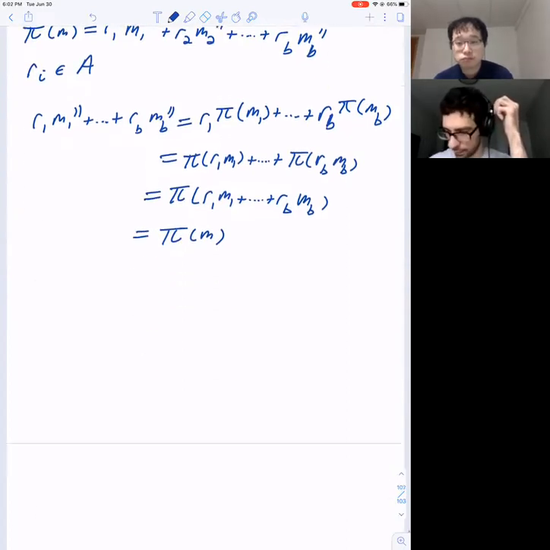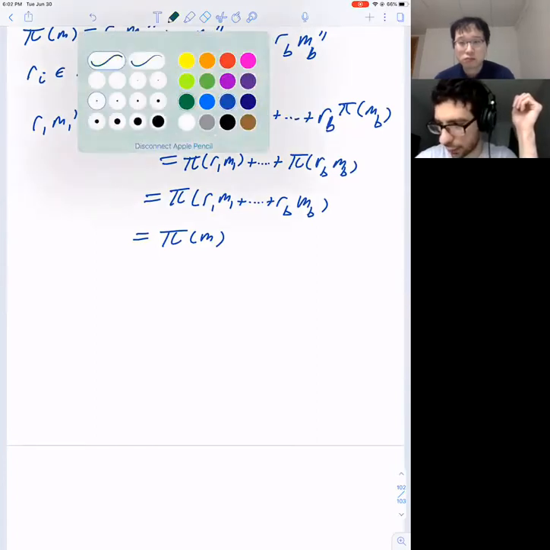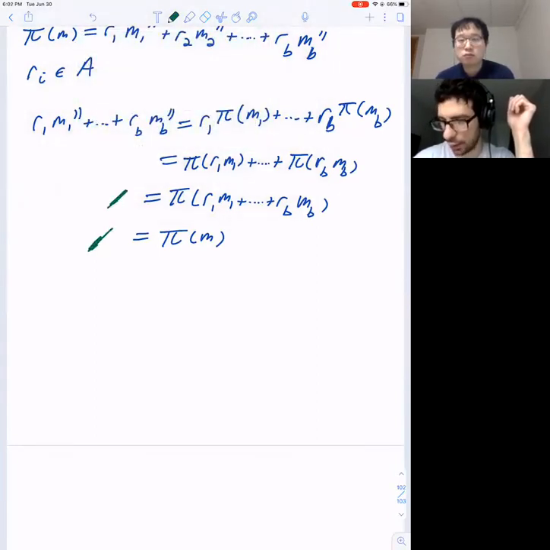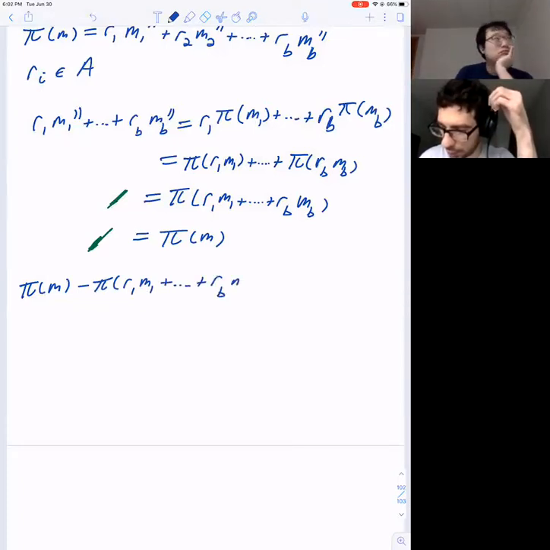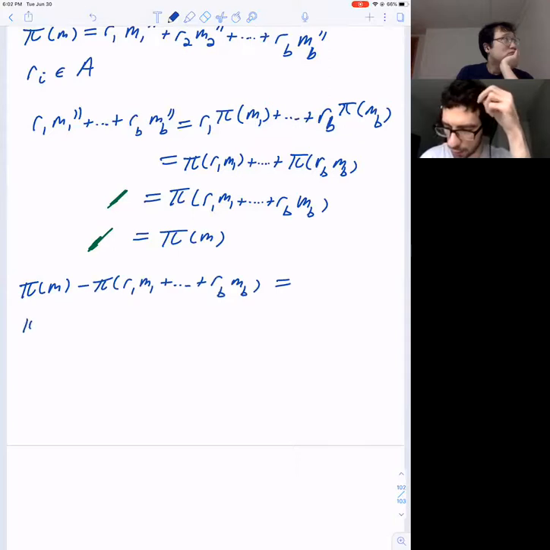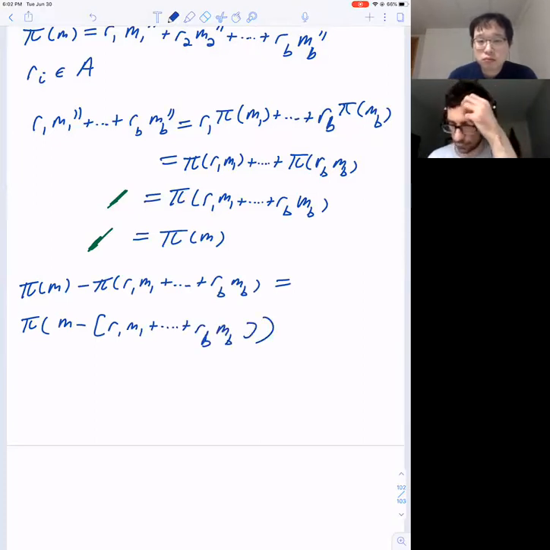Okay? So now let's take the difference between this and this. Pi of m minus pi of R1 M1 up to RB MB is the same as pi of the difference between these elements. But what is that equal to? That should equal 0.